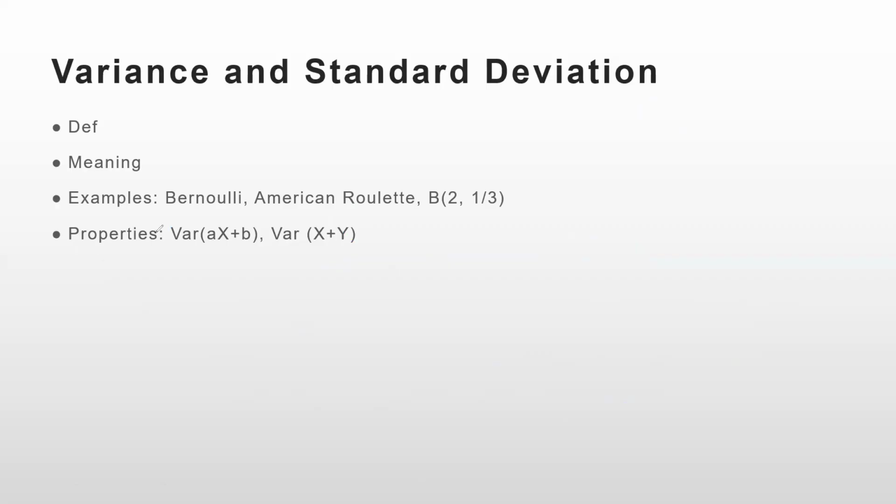Let's talk about properties. First of all, the variance of any constant is always 0. Now, the variance of x plus b.